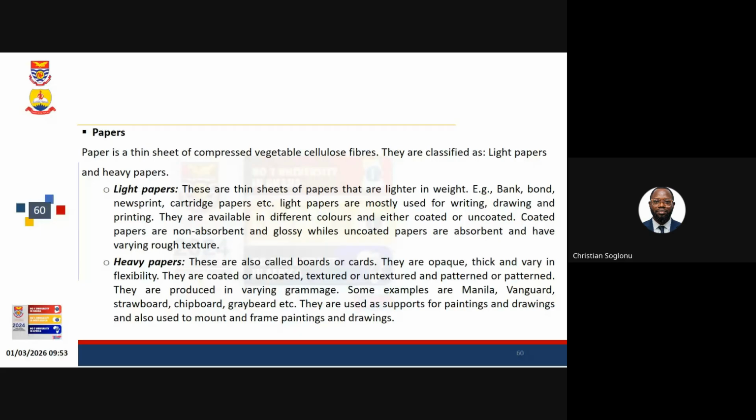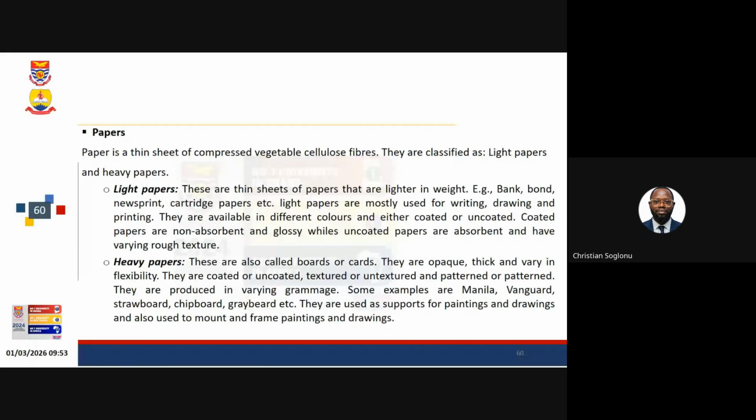Heavy papers. These are also called board or cards. They are opaque, thick, and vary in flexibility. They are coated or uncoated, textured or untextured, patterned or unpatterned.